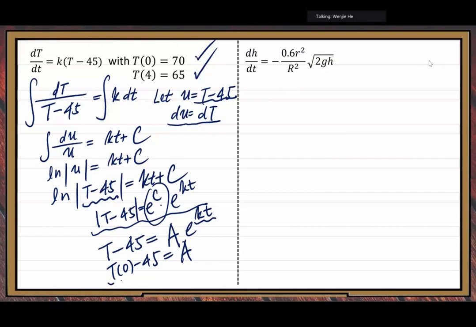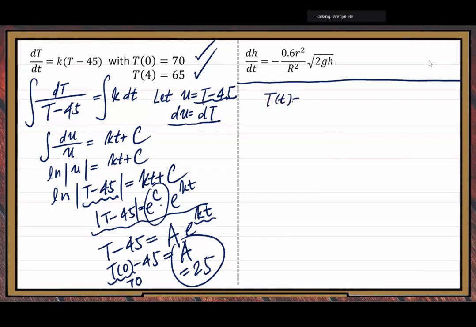T of 0 is 70, so A equals 70 minus 45, that's 25. A is a positive number, 25. So now we can write our T function explicitly: 45 plus 25 times e to the kt.